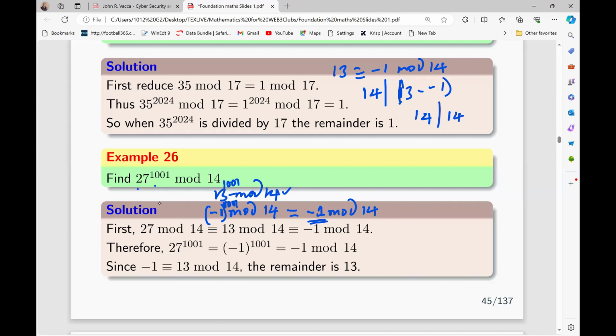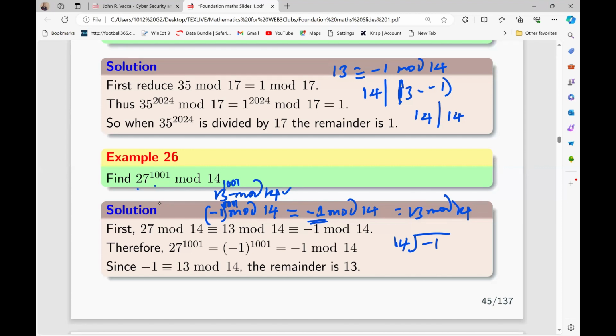How does it become positive? 13 mod 14. Just ask myself, using the same knowledge I showed you earlier, I just divided 14 into negative 1, and I assumed I'm dealing with a positive number 1. 14 goes there, 0 point.